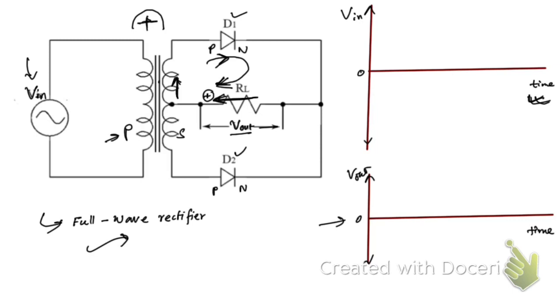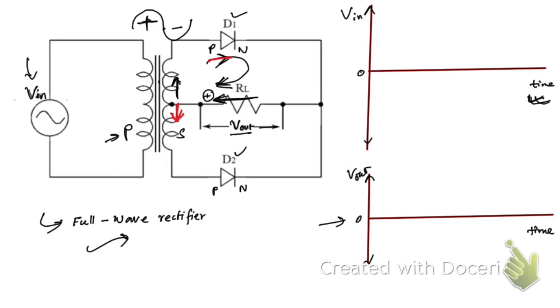In the next half cycle, which is negative, the direction of current will be opposite.